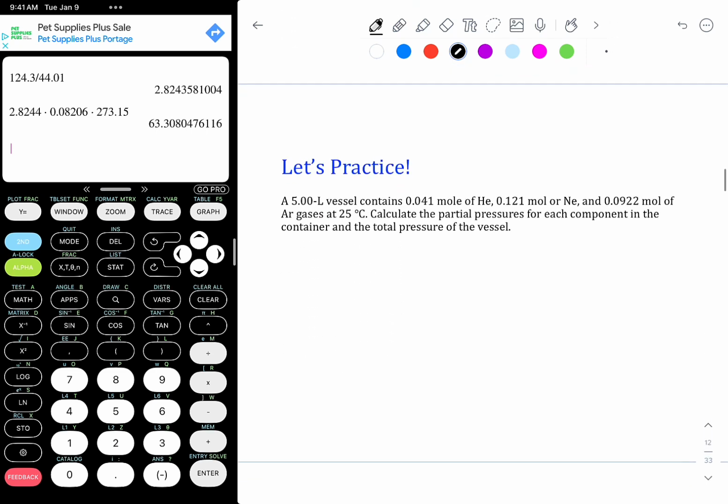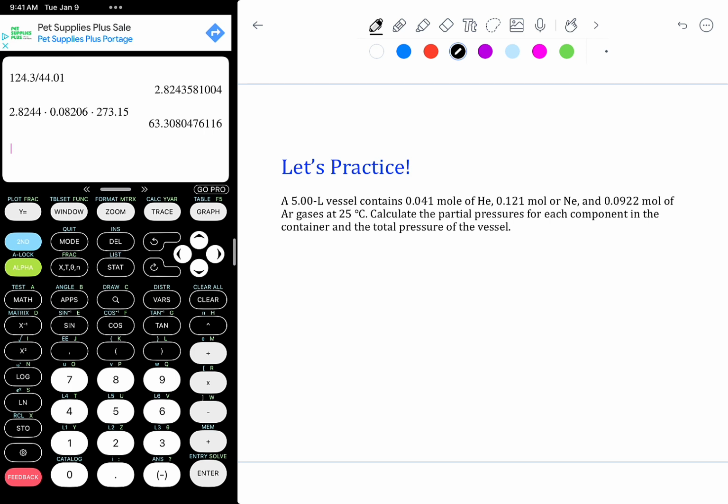So let's practice this. Here, a 5-liter vessel contains 0.041 moles of helium, 0.21 moles of neon, and 0.0922 moles of argon gases, all at 25 degrees Celsius. Calculate the partial pressures for each component in the container and the total pressure of the vessel.